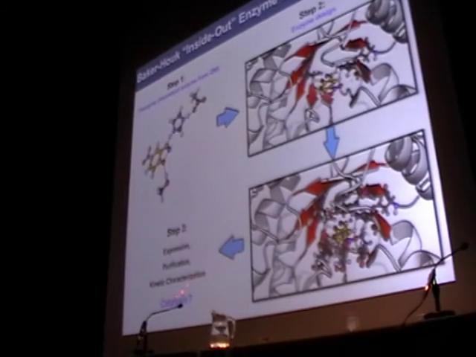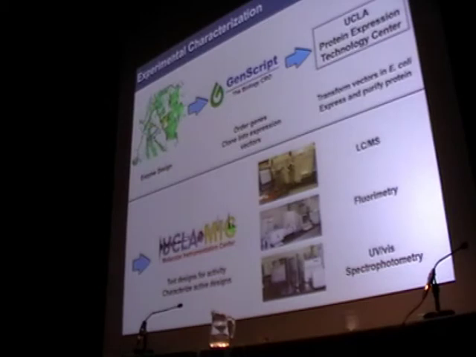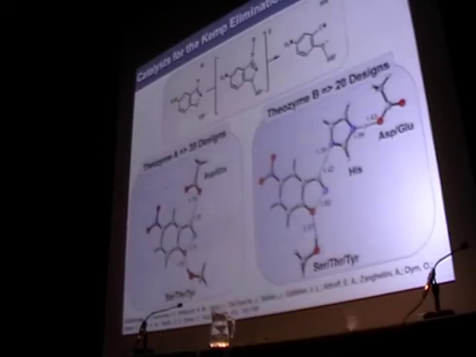Then, once we get through that stage and decide that something is going to be a good catalyst, we then do the experiments. This actually is proposing the way this will be done at UCLA, but it's done now in the Washington group or at Caltech by Mayo's group. So we order the genes, they get expressed in E. coli, and then the proteins are isolated and purified and tested for catalysis.